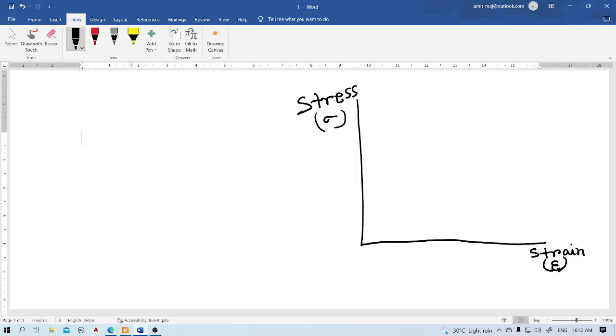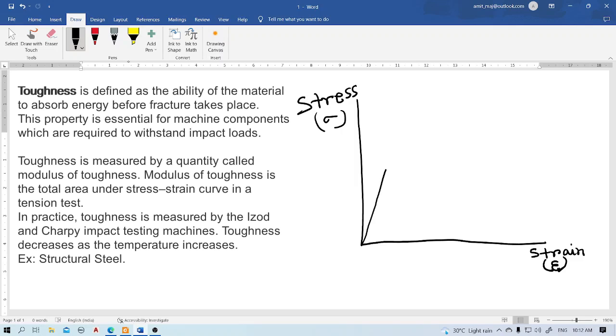Now suppose this is the stress strain diagram for a mild steel.